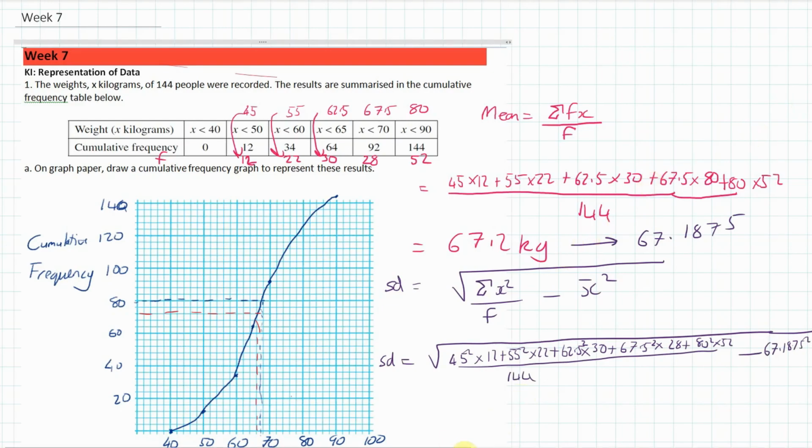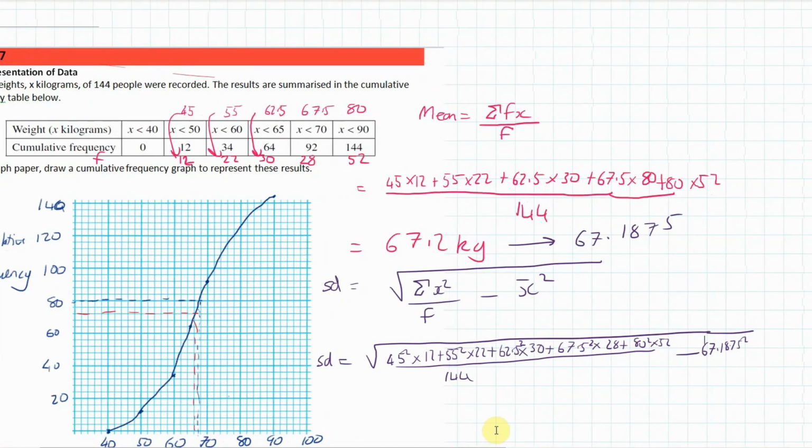Hopefully it makes some sense to you. Now we chuck this into our calculator. So what do we get for our calculated estimate of the standard deviation? 45 squared times 12 plus 55 squared times 22 plus 62.5 squared times 30 plus 67.5 squared times 28 plus 80 squared times 52, and that's all over 144.